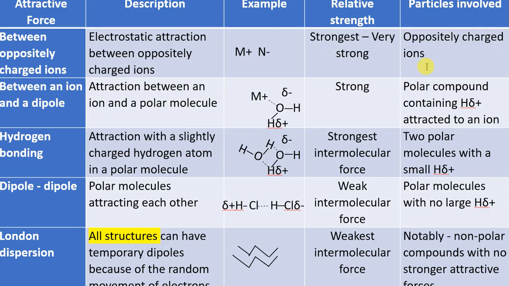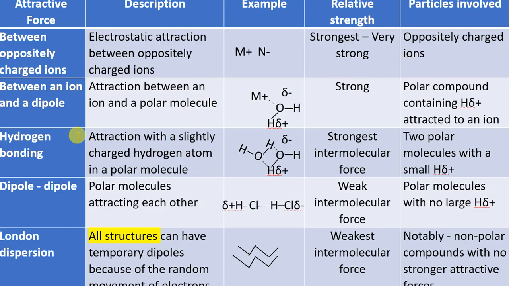The particles involved, of course, are oppositely charged ions. Now, if I only have one ion and a polar molecule, of course, the strength of the attraction is less. But I do get attraction there. To get this, I would need a polar compound containing, let's say, hydrogen with a slight positive charge attracted to an ion.